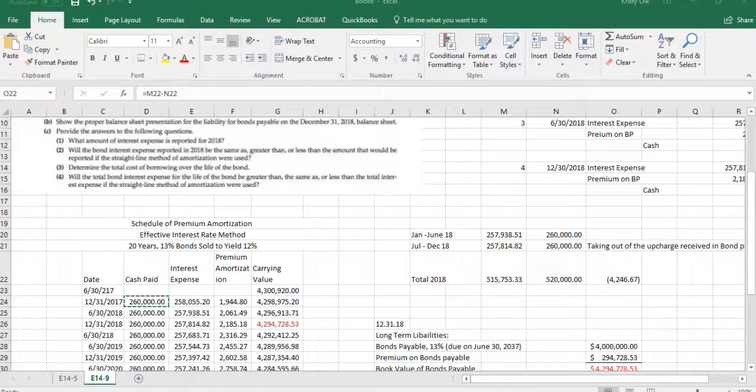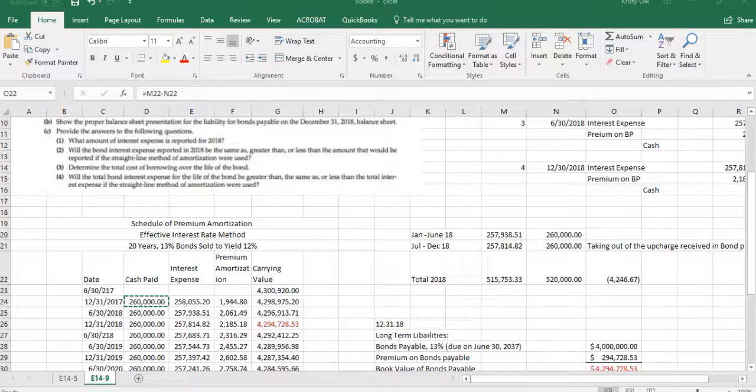That is the $300,920 divided by 20, the same amount for each period. Thus, the amount of the bond interest is $504,954, which is smaller than the bond interest expense under the effective interest rate method.